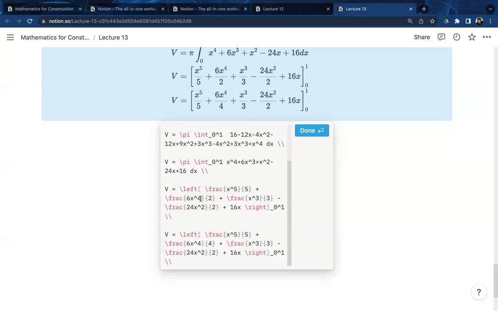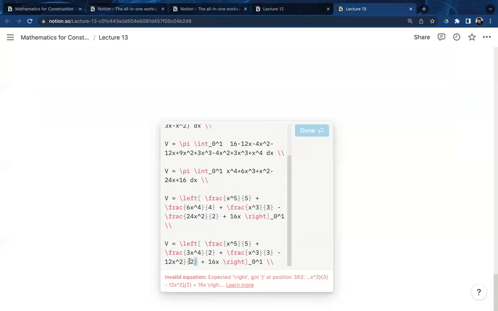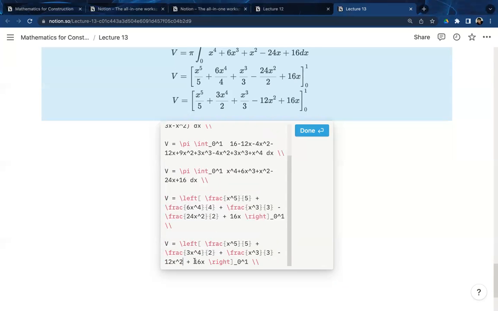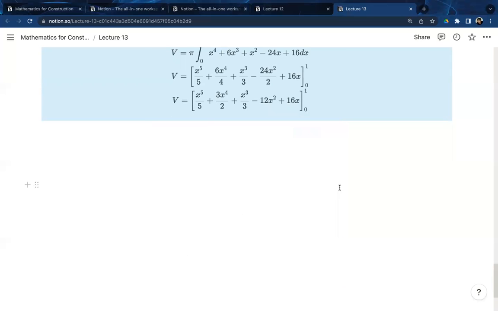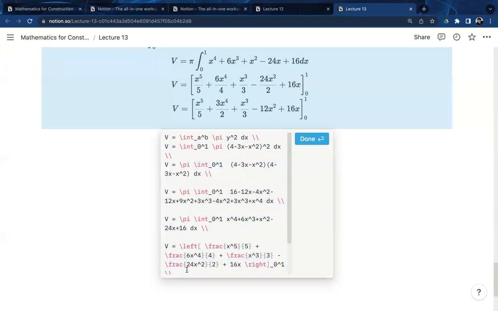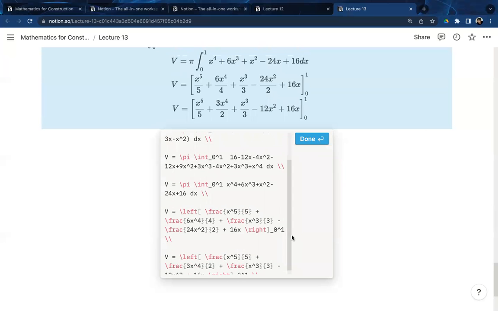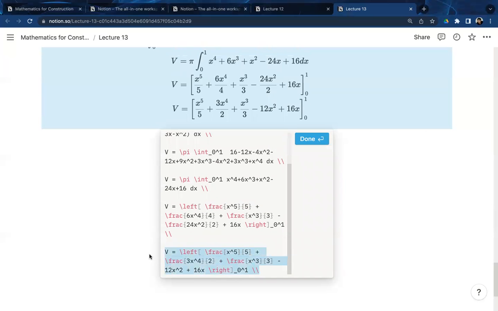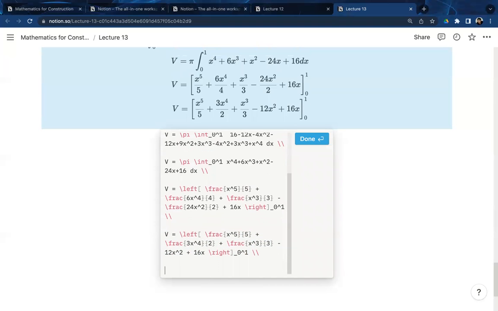Let's change to the new one. Right, so this looks a little better here. And then because it's between 1 and 0, we substitute 1 and we substitute 0 and we subtract it.